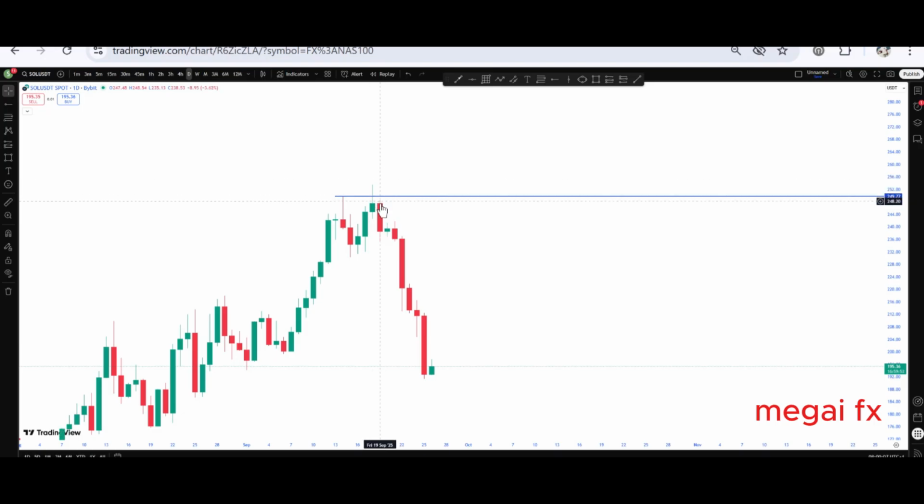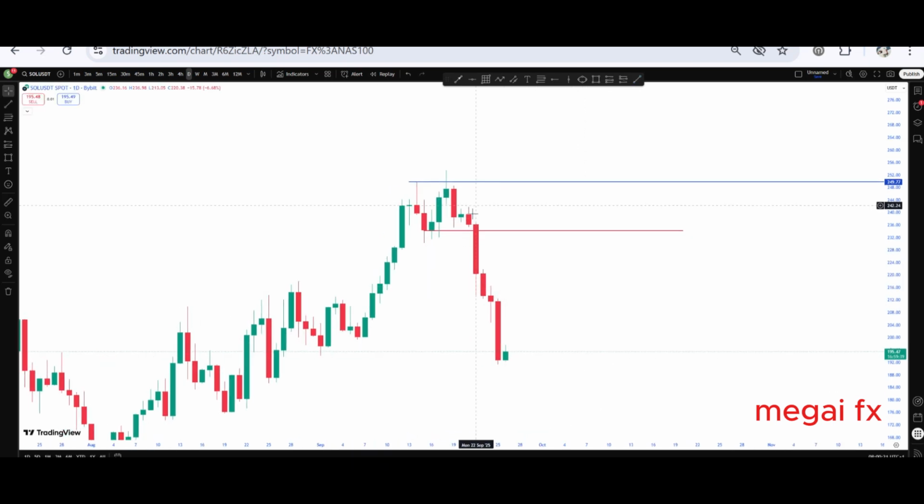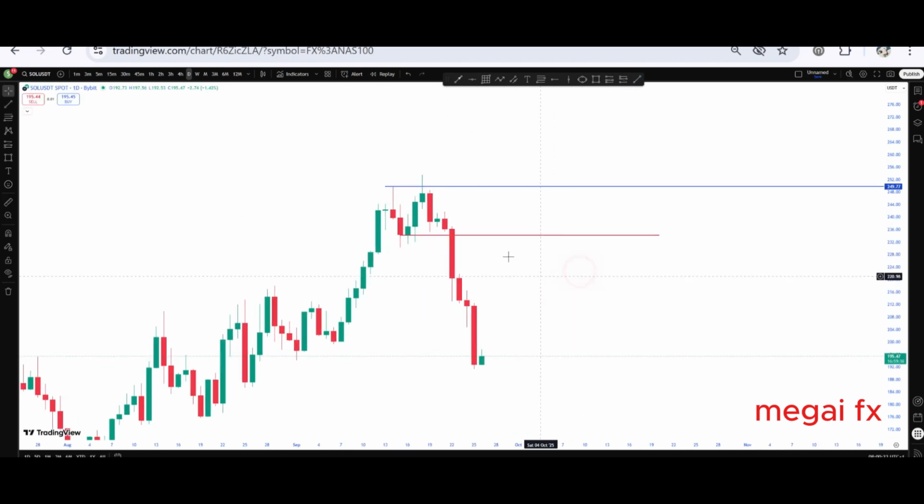We swept liquidity, closed within the range. You understand? So the opening price of this series of up close candles becomes your change in state of delivery, becomes your order block. You understand? So we got closure below with this candle, confirming move to the downside.